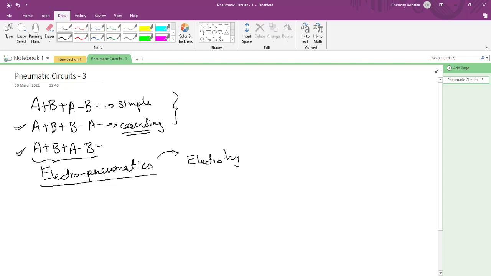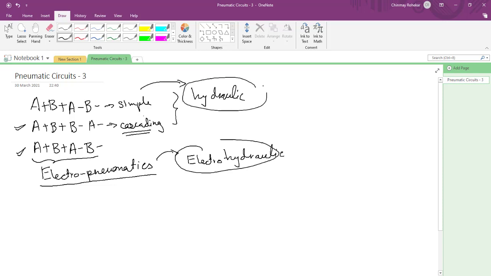Or a pure pneumatic circuit into a pure hydraulic circuit, right? That part will be covered probably in the next lecture. Today we will see how to draw the cascading circuit for this particular condition, and we will start with the introduction for our electropneumatics, right?